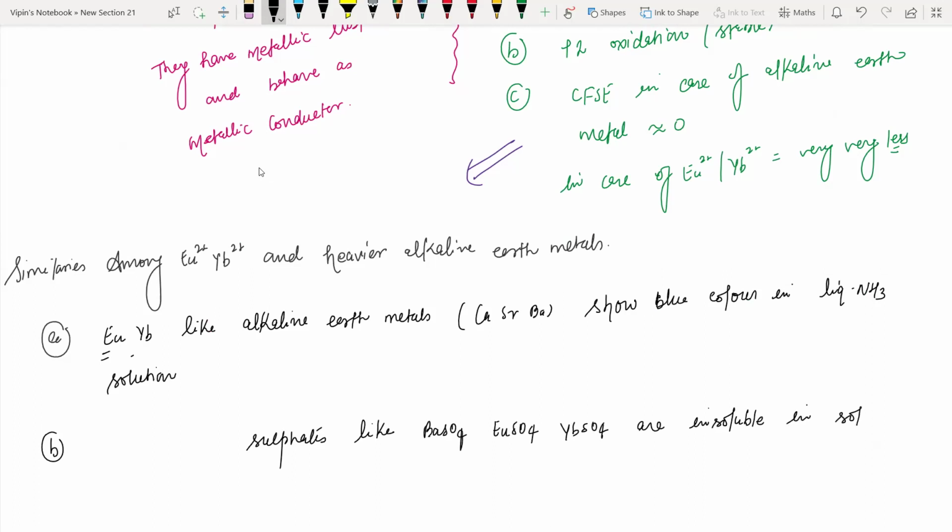Sulfates of these metals are insoluble in water. So it is very important, right?